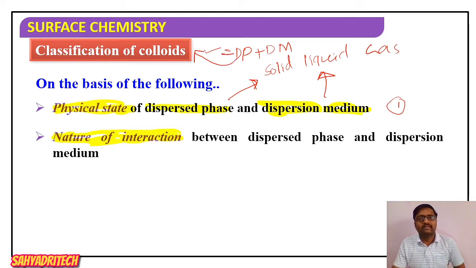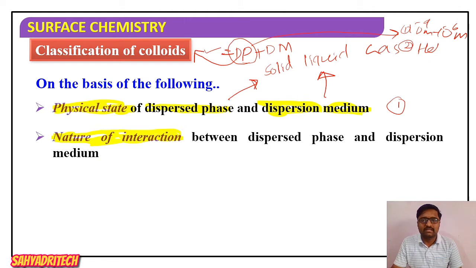When do we call it a colloid? When two types of particles combine and the size of the particle lies between 10 raised to minus 9 meter to 10 raised to minus 6 meter, and it is a heterogeneous system. If these two criteria are fulfilled, the resultant is a colloid.